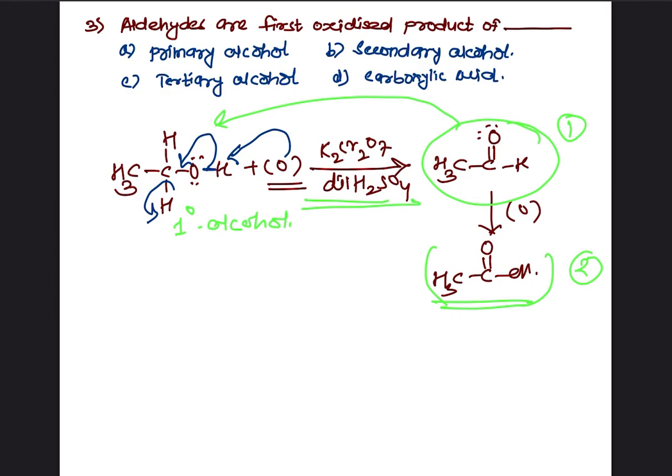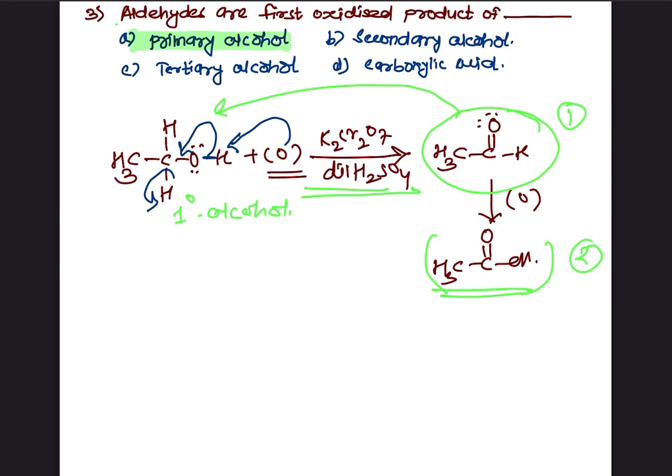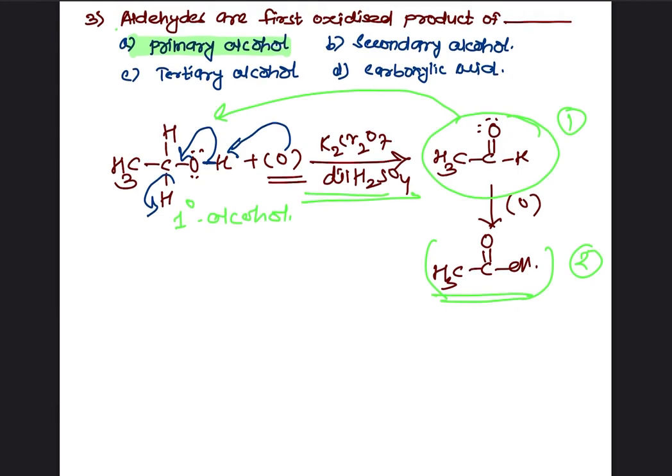So the question is about aldehydes, so the answer is primary alcohol, because a ketone is the first oxidized product of secondary alcohol. If the question is related to ketone, then ketone is the first oxidized product of secondary alcohol. So here the question is about aldehyde, so it is a primary alcohol, isn't it?